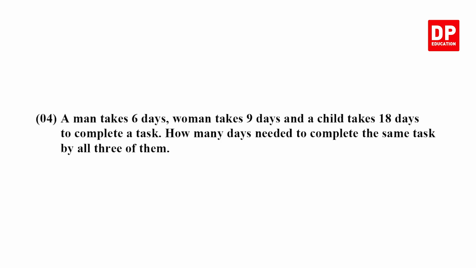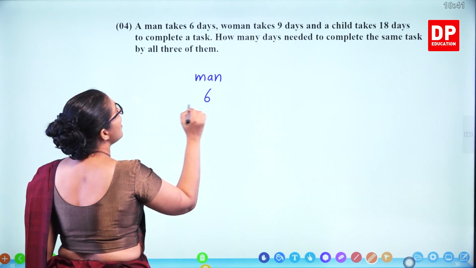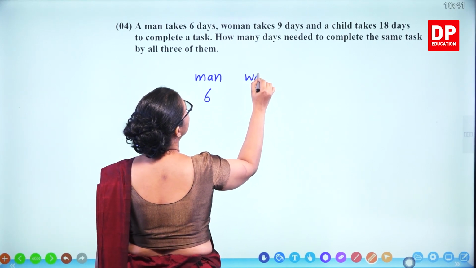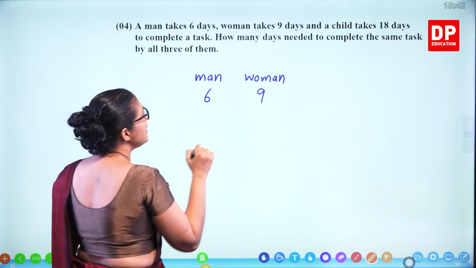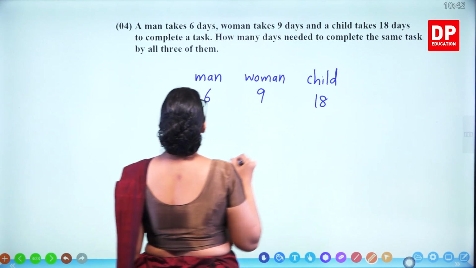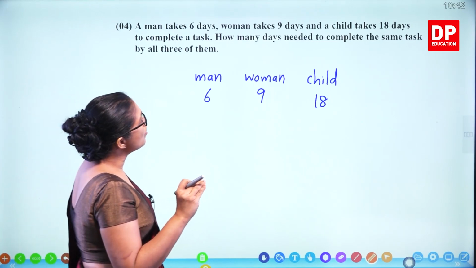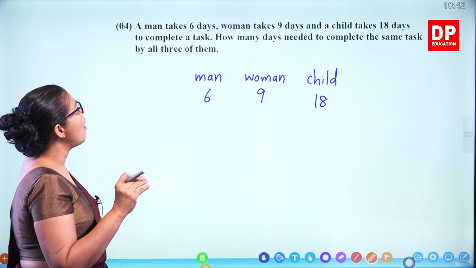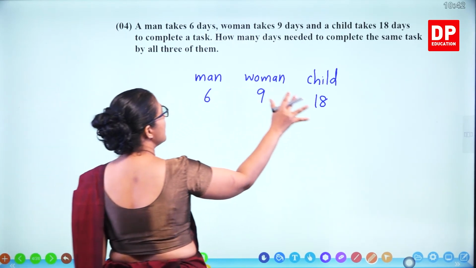Question number 4. A man takes 6 days, and a woman takes 9 days to complete, and a child takes 18 days to complete the same task. How many days are needed to complete the same task by all 3 of them, if they are working all together?